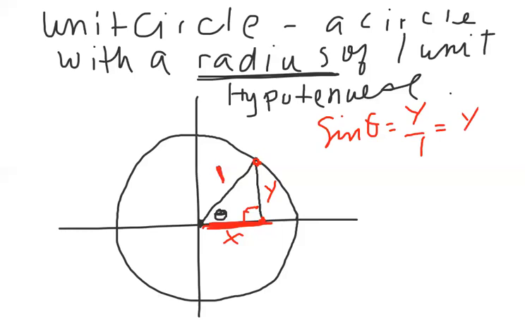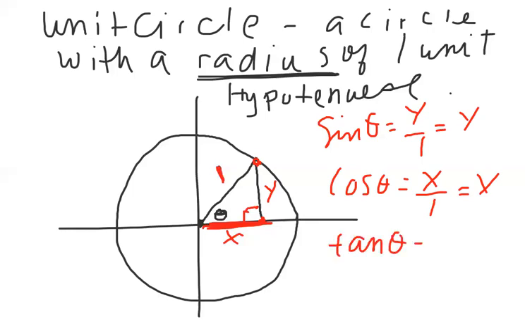Additionally, cosine theta is the adjacent, which is x, over the hypotenuse, which is 1, we will simplify to just x. Hopefully this is making sense as we go along. And of course, tangent theta would be represented as y, the opposite, over x, the adjacent.